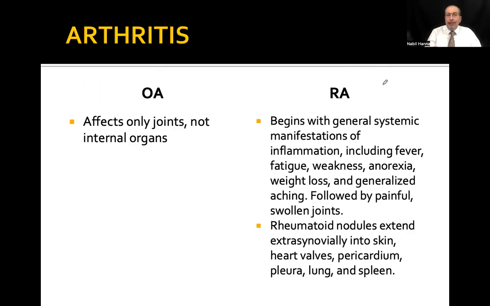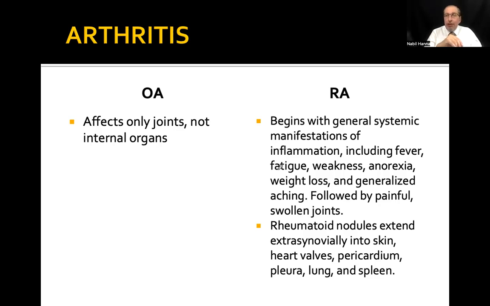Osteoarthritis is only a disease of joints, because where else do we have articular cartilage? But rheumatoid arthritis is a systemic disease because it's an autoimmune disease, and it begins with general systemic manifestations of inflammation, maybe low-grade fever, fatigue, weakness, anorexia, weight loss, generalized aching, followed by involvement of joints, and joints become painful and swollen.